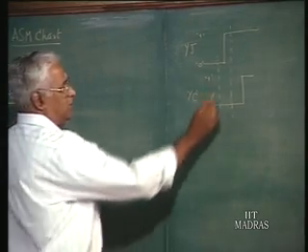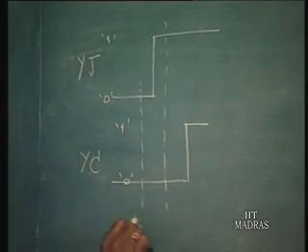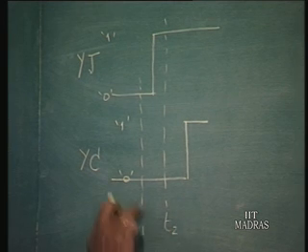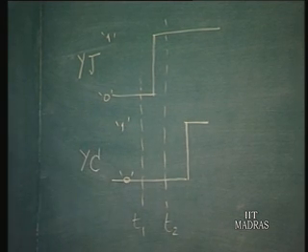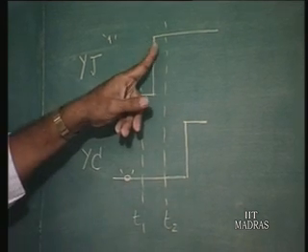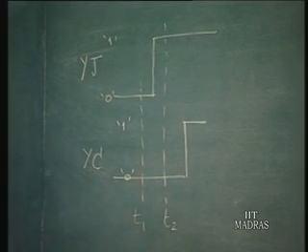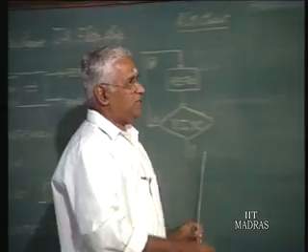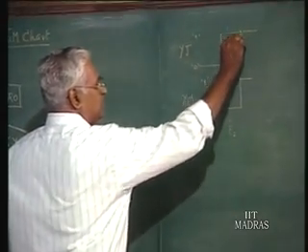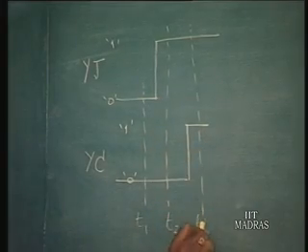Now, take this instant. Let me call this T1, T2. During T1, Yj, Yc both are 0. During T2, Yj is 1, Yc is still 0. Then again, this holds good. Now, take this instant, T3.